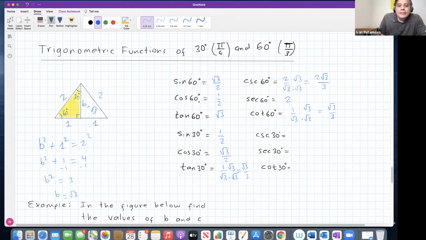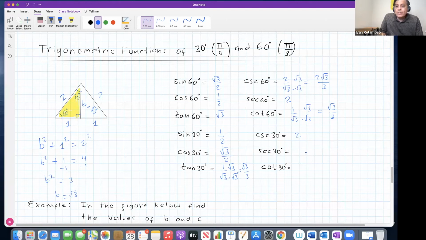So the reason is 60 and 30 degrees are complementary angles with respect to each other. So the trigonometric functions are very similar. They just appear in different places, right? So sine of 60 is cosine of 30, cosine of 60 is sine of 30, and vice versa. Flipping these, you will get here 2.